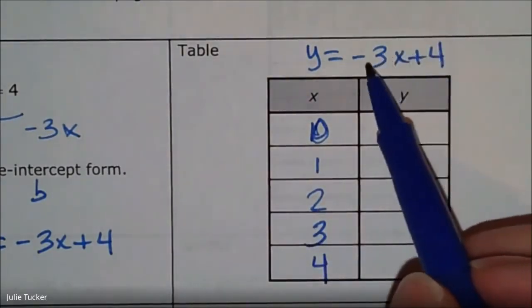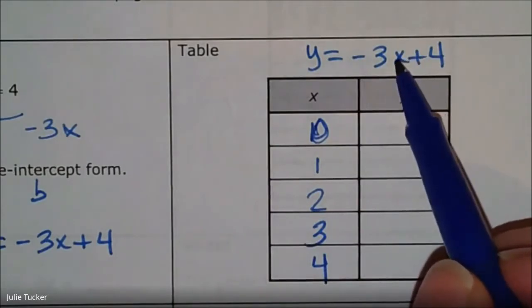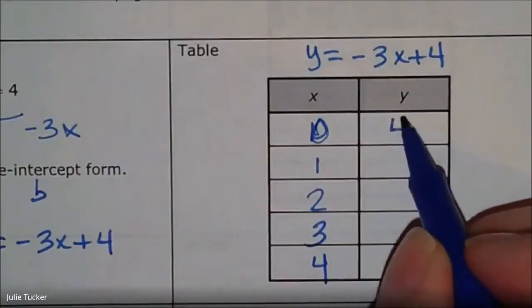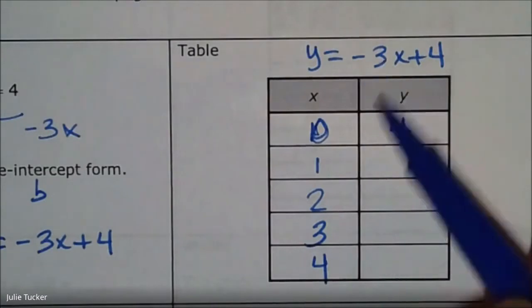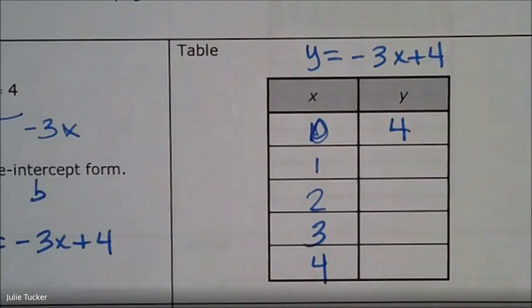So if you do negative 3 times 0, that's just 0. 0 plus 4 is 4. What is negative 3 times 1? Negative 3. Yep. And then you have to add 4. So plus 4 is going to be like 4 minus 3, right? Negative 3 plus 4 is the same thing as 4 minus 3. 1.